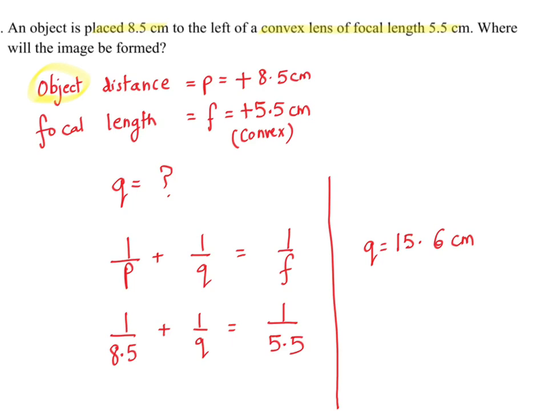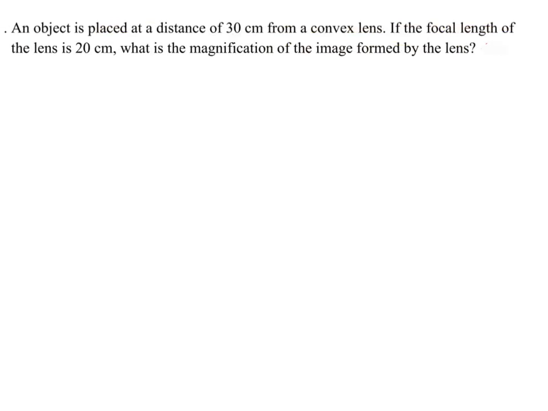Now, if you're using shift solve in the calculator, you will get the direct answer Q. But if you're not using shift solve, you have to be careful because the formula has 1 over Q, 1 over P and 1 over F. So when you find the answer, maybe you have to flip the answer to get the correct value for Q.